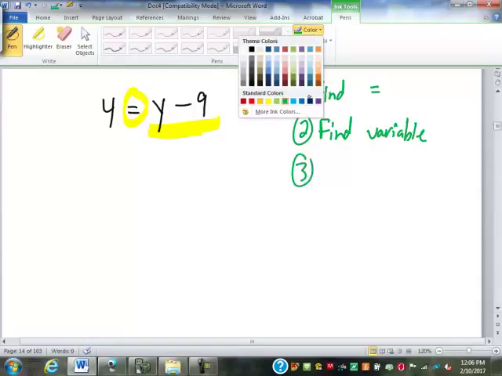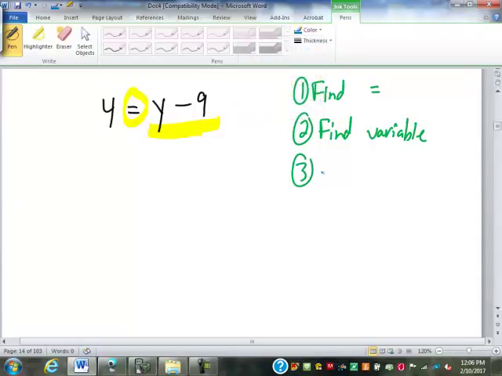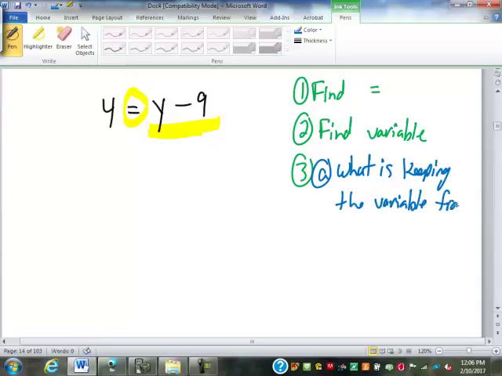3, I'm going to split this into 2 parts. 1 is we're going to ask, what is keeping the variable from being alone? In other words, what's keeping the variable from being by itself on that side of the equation? Well, in this case, that would be the 9.